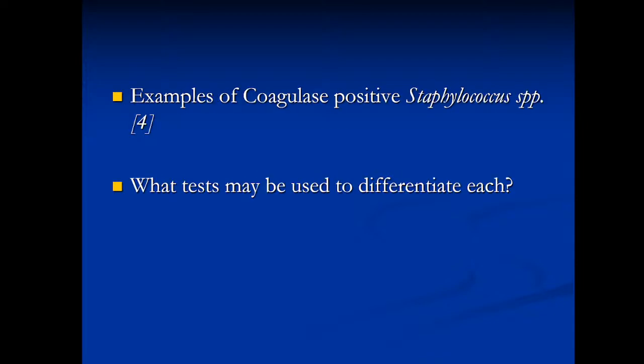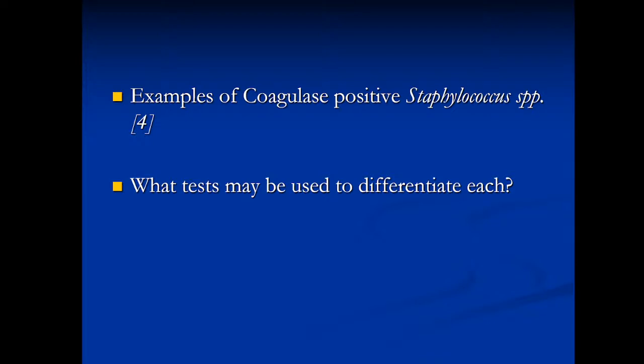All right. So now let's move on to coagulase positive species. There's a lot actually. And how do we differentiate them? Well, let's start first with coagulase positive staph species. So we have Staph aureus subspecies aureus, and then we have Staph intermedius, Staph hyicus, and Staph schleiferi subspecies coagulans.